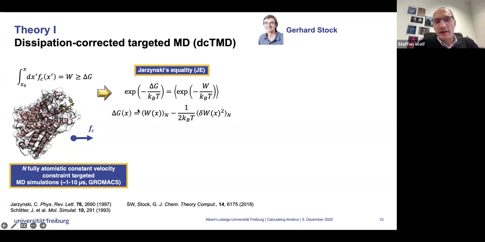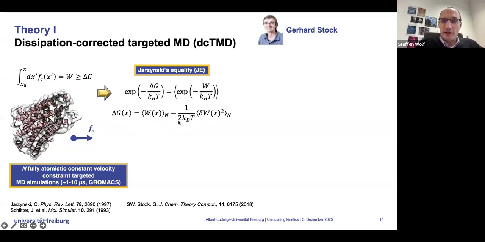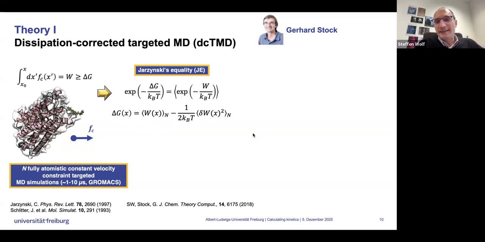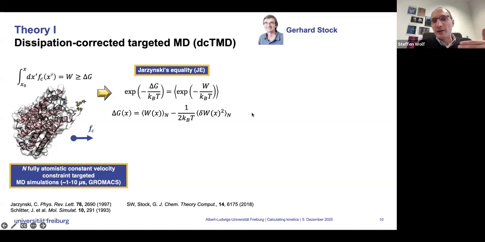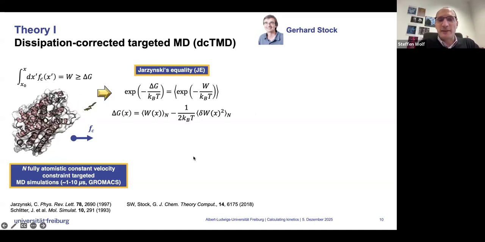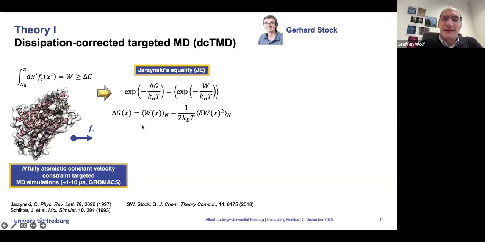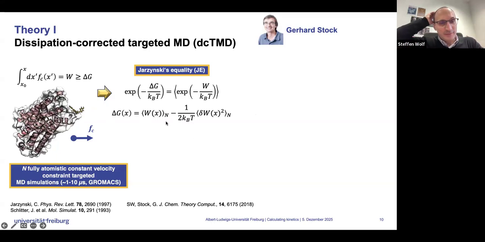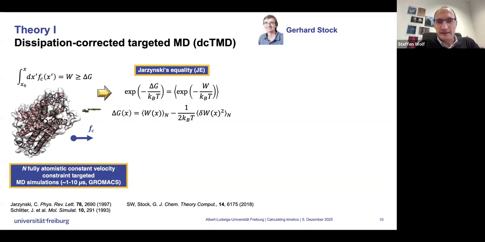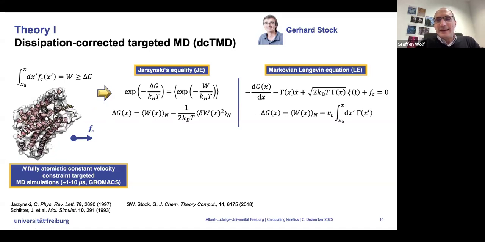And there we have an equality between the free energy, the mean work that we need to employ in an ensemble of a lot of simulations, and some additional term which is dependent on the variance of the work. So just from looking at this, this variance needs to represent the work that we need to apply in addition to the free energy to pull out the ligand in a non-equilibrium setup of simulations.